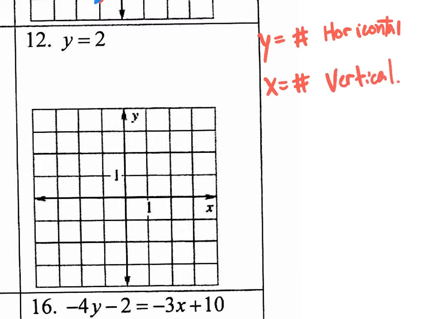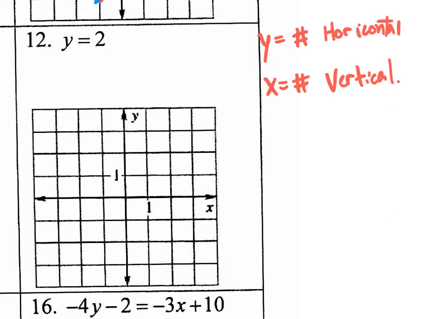So I'm about to explain why this is so, all right? So hopefully you guys jotted that down. Y equals a number, it's going to be a horizontal line going through that value on that y-axis. X equals a number is going to be a vertical line going through that x-axis value.